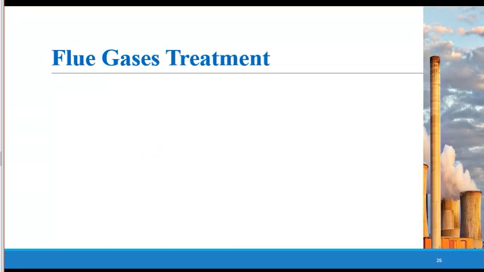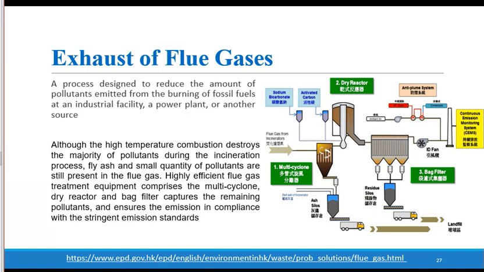You can see from this figure that the flue gases enter here, and they go outside from this chimney. Before going to the chimney, they pass through a multicyclone, where we separate ash, and then a dry reactor where we extract sodium bicarbonate and activated carbon.